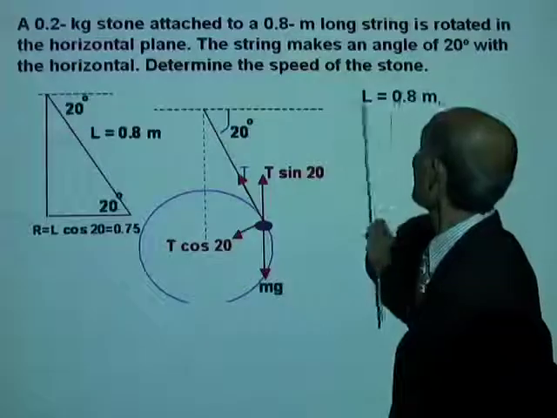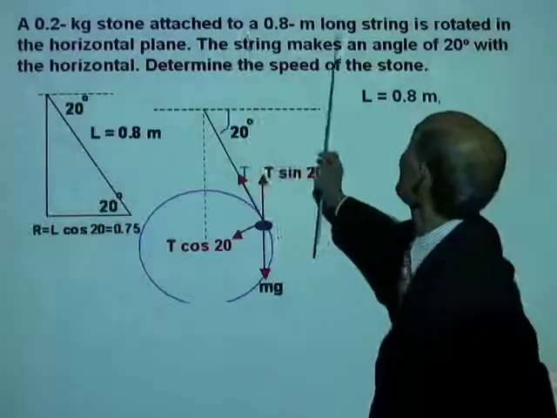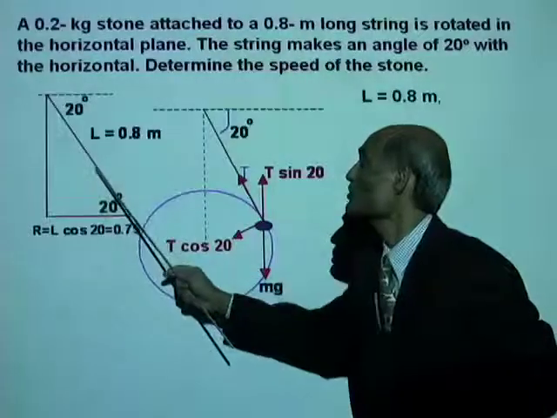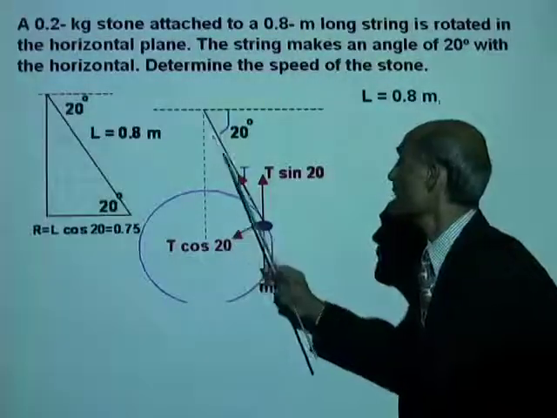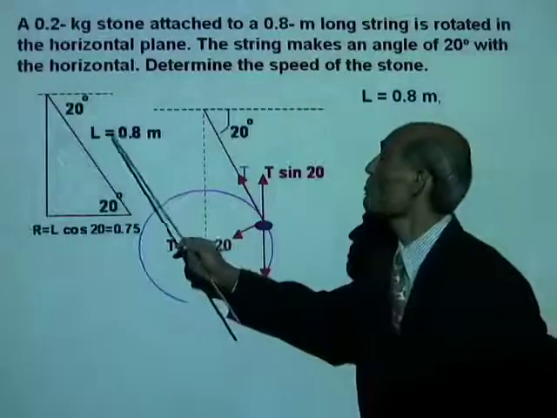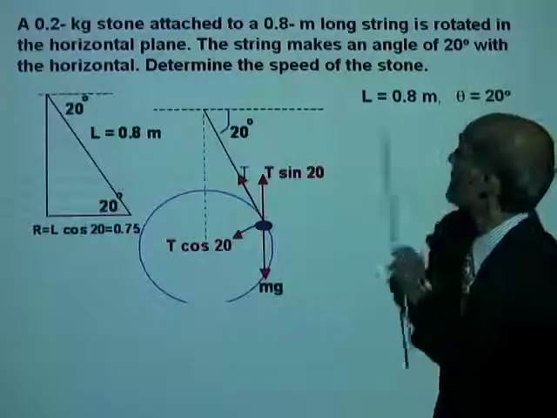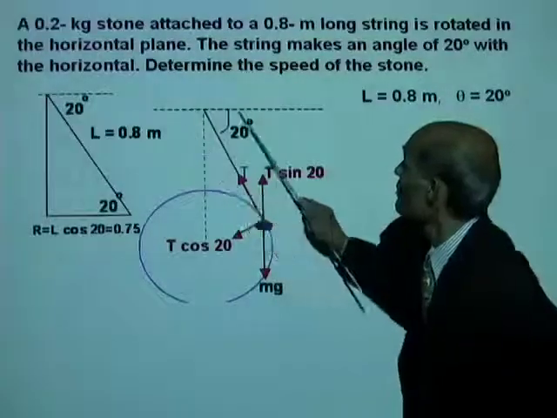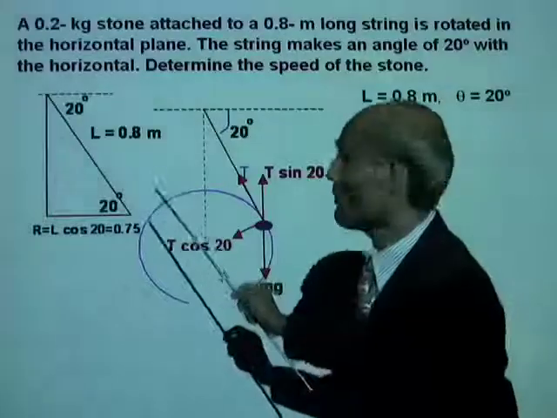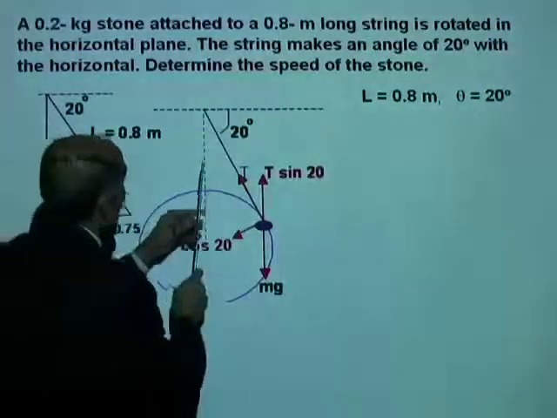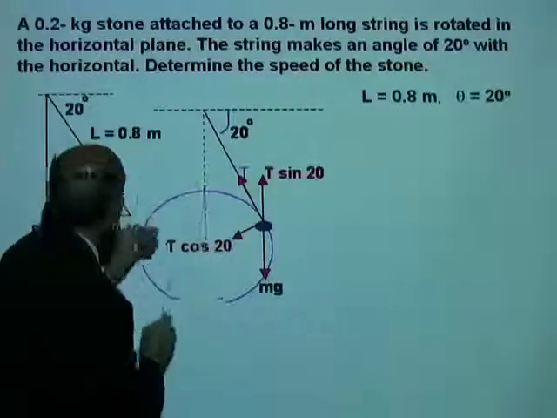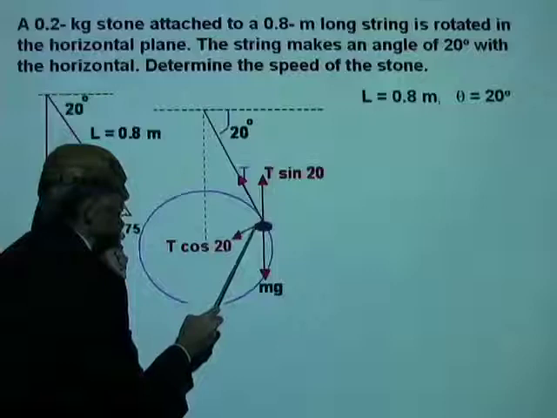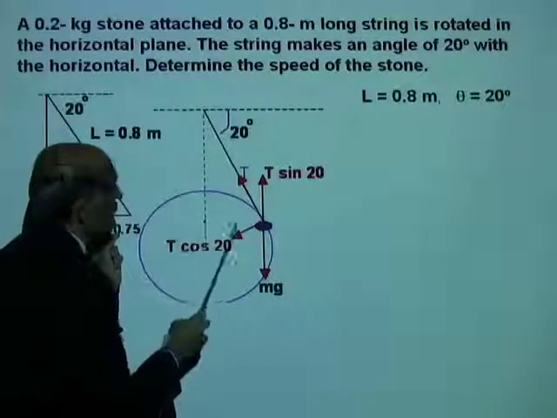So the length of the string is 0.8 meter. This is the length of the string, which is the same as this, 0.8 meter. Theta is 20 degrees. The angle made by the string with the horizontal is 20 degrees. Now what I have drawn, this triangle, is this: this is the vertical, this is the length of the string, and I drew the line perpendicular here.